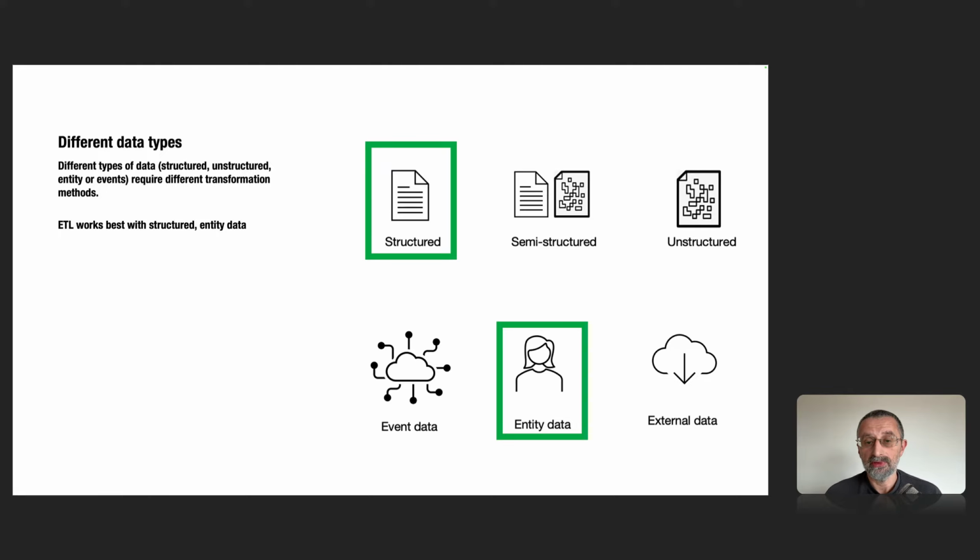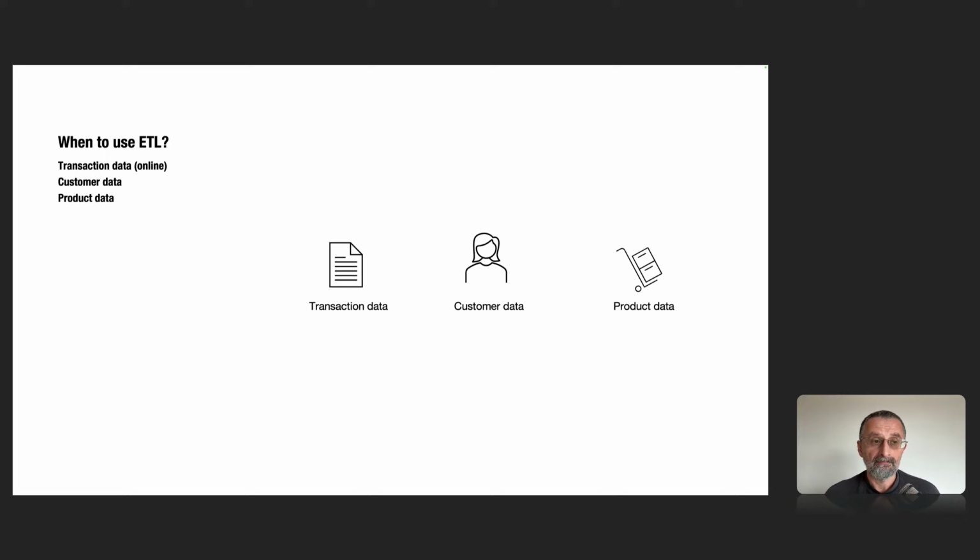So for example, if you have a system where in your architecture data producers provide you with structured data, in that case, you may think about the ETL pipeline. So when to use ETL? For transaction data processing, customer data, product data, and all that stuff. These are the types of data which have a structured form.